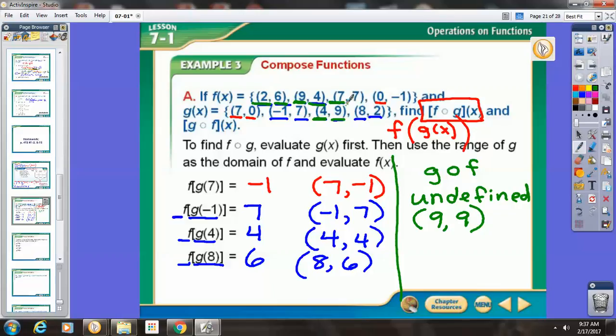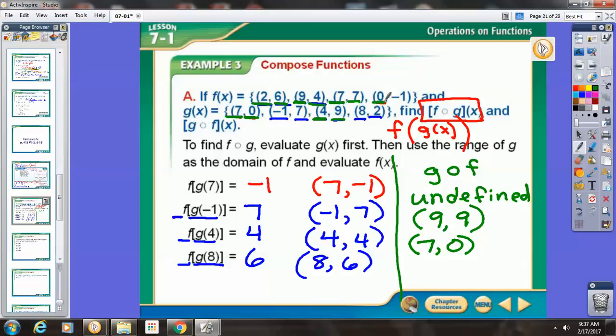When I put 7 in, I get out 7. Can I put 7 in for X in the second function? Yes. I put 7 in, I get out 0. So what's my ordered pair? 7, 0. Is this all? Is this just it? It looks worse than it is, doesn't it?